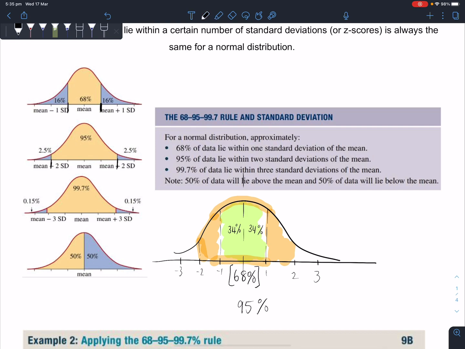So the 68% plus the overflow. I didn't draw that very nicely. So that's this bit to this bit. The remainder, the little bits at the end.